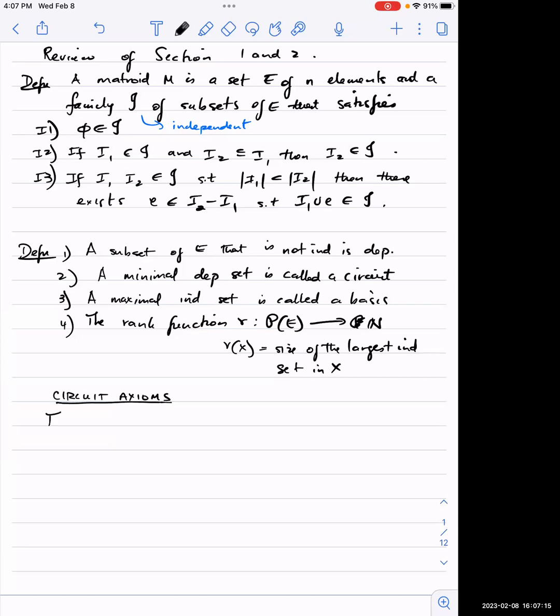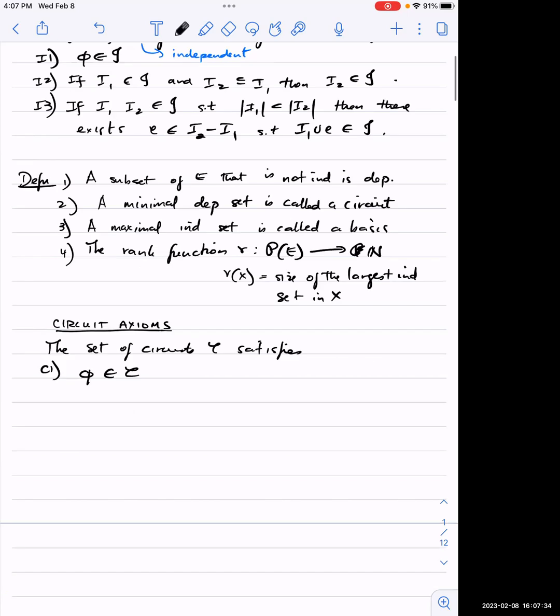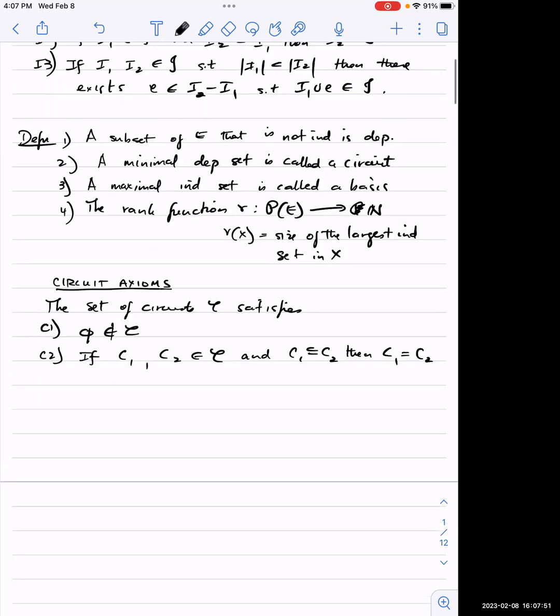The set C, which is the set of circuits, satisfies the trivial condition here that the empty set is not in C. C2: if C1 and C2 are circuits and one is contained in another, then they have to be equal. The example to be kept in mind here is cycles in a graph. You can't have a cycle contained in another cycle.